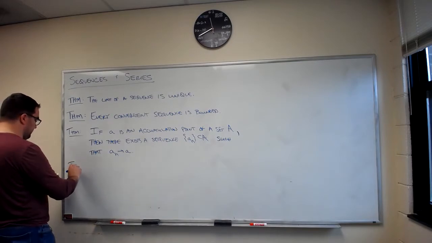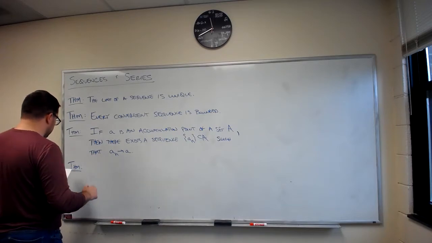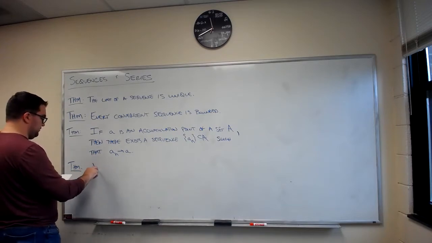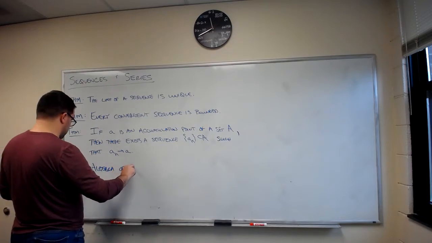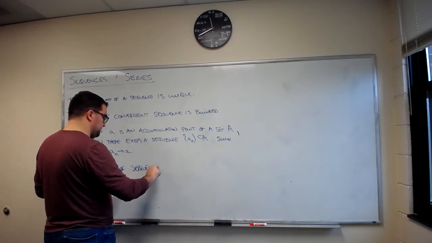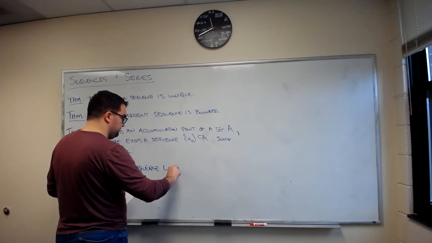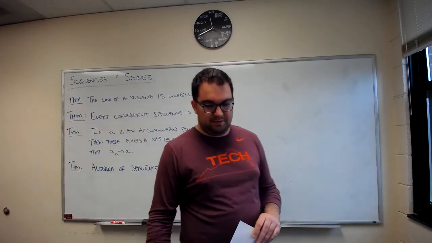I'm not going to fully write out the last one, or sorry, this is the second to last one. But this is your algebra of sequence limits theorem. So you've seen theorems that look like this many, many times now, right?